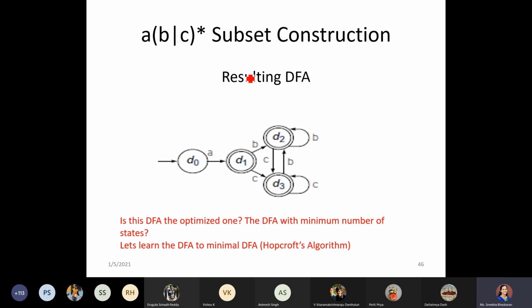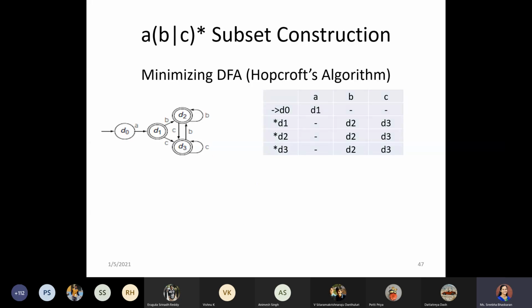The tabulation algorithm which we have learnt in TOC, we are not using it here. That also gives the same output, but you should know the second algorithm also. So we are using Hopcroft's algorithm in this course.